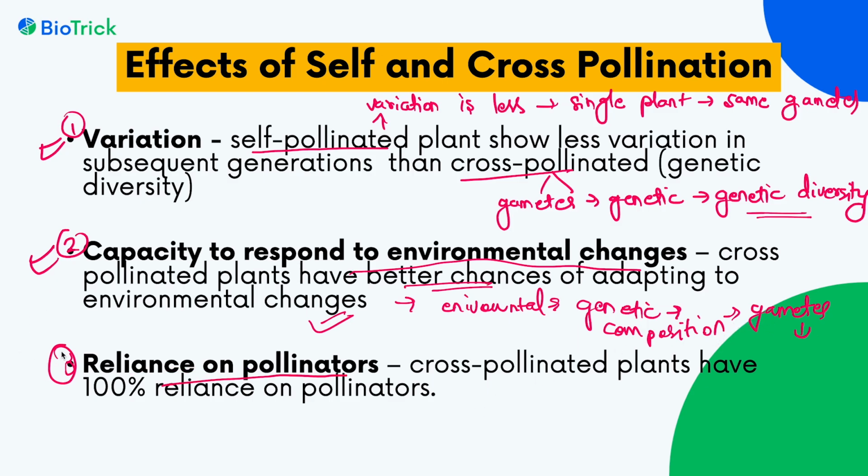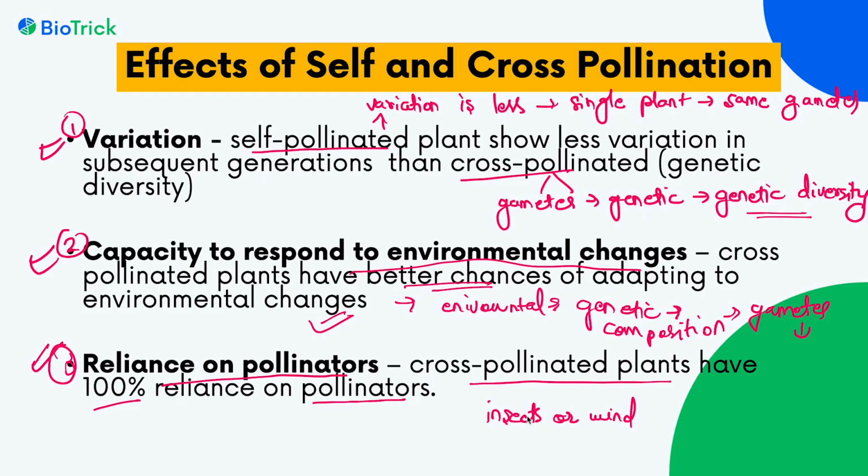Next is reliance on pollinators. Cross-pollinated plants have 100% reliance on pollinators, because for cross-pollination there must be some medium, insect or wind, present to carry the pollen from the anther to the stigma of another plant.